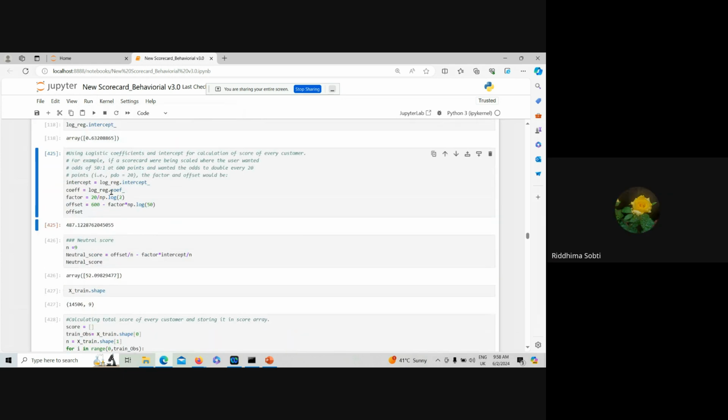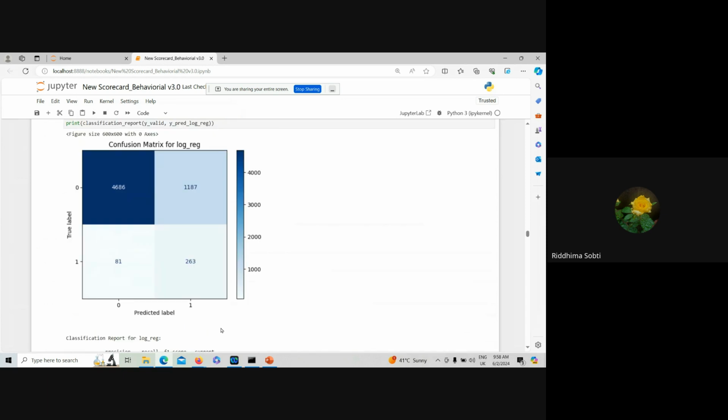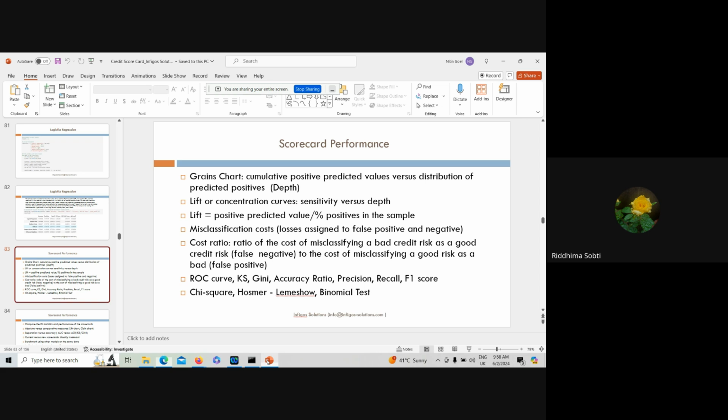Sir, I have one question on the confusion matrix. I want to understand, there is a concept known as the accuracy ratio that we get from the CAP curve, the cumulative accuracy profile. From the ROC curve, we get the area under the curve, AUC.